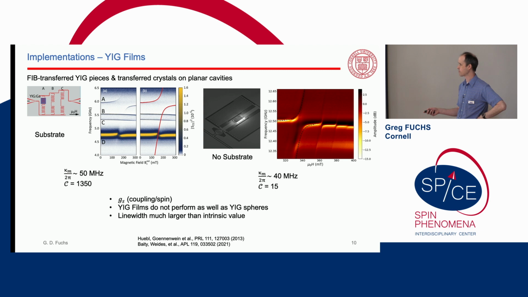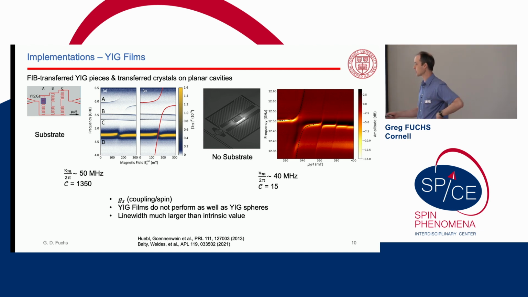Actually, the first cavity magnonics paper was this one by Hans Huebl and the Goennenwein group back in 2013. Later, people have made, this is a full chip of YIG on a rather large planar resonator. People have later gotten smaller, where they're able to FIB out a small piece of YIG and make a transfer.